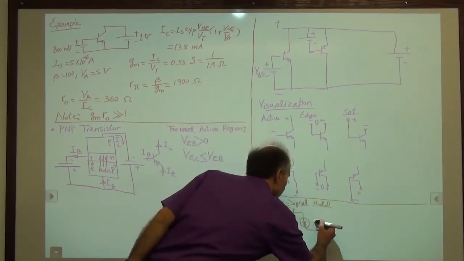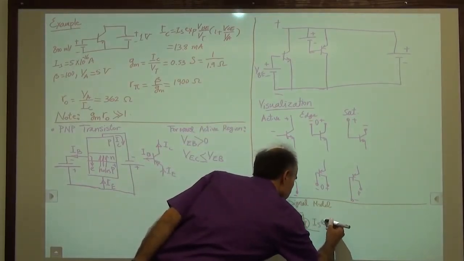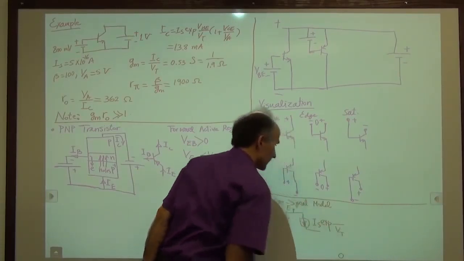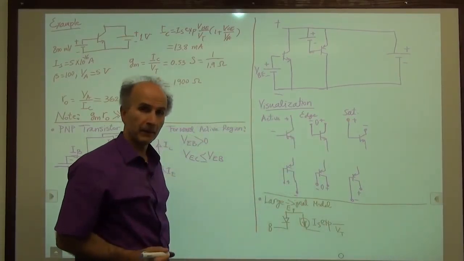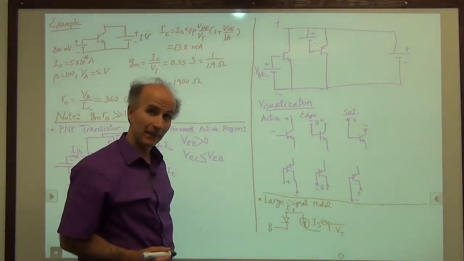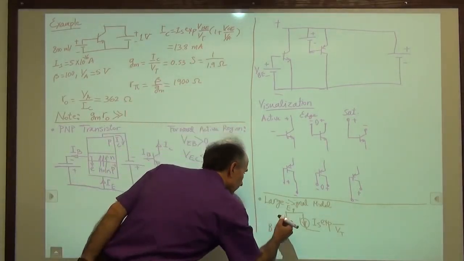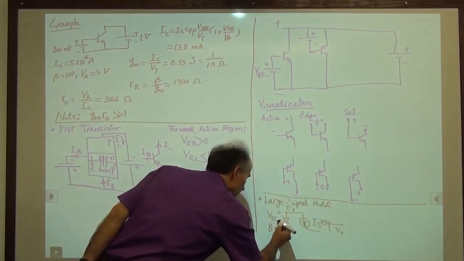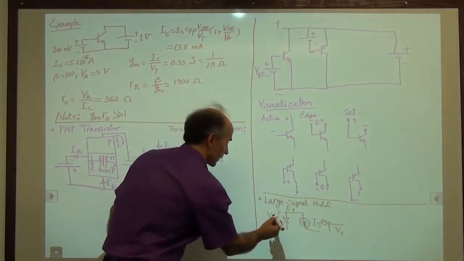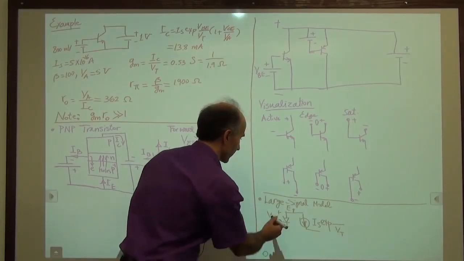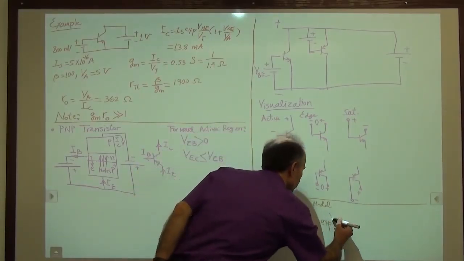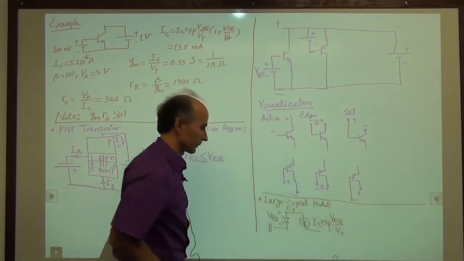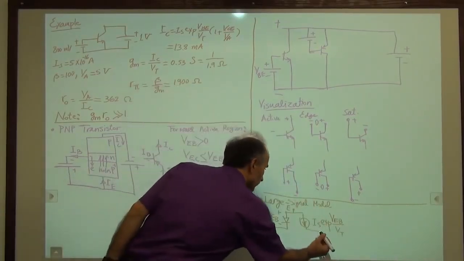And this would be IS exp of something over VT. What is that something? Is it VBE or VEB? Well, we know that this voltage here is VEB. It is VEB that's positive, right? And that's what has to go in here. So VEB. And this would be the collector terminal.